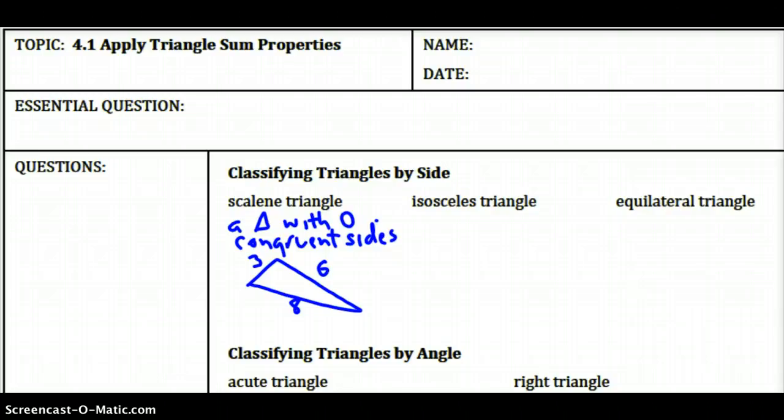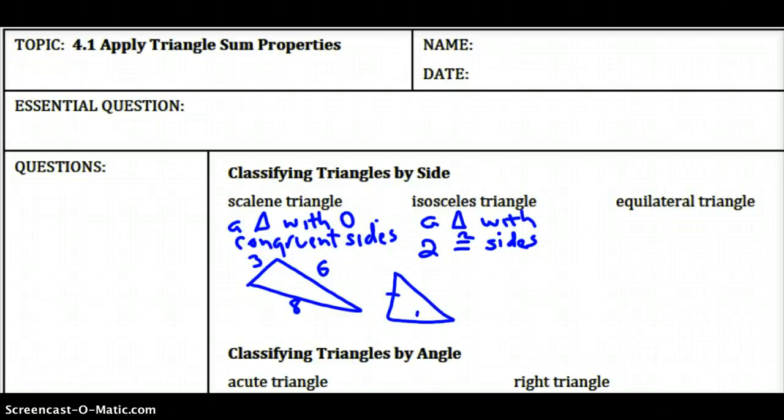An isosceles triangle is a triangle with two congruent sides. Notice I'm using some shorthand here. So it could look like this. It could look like this.